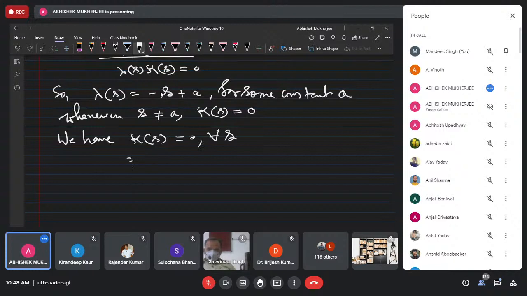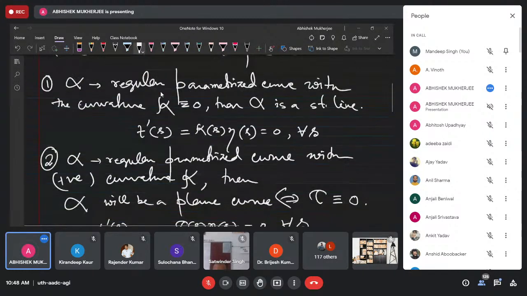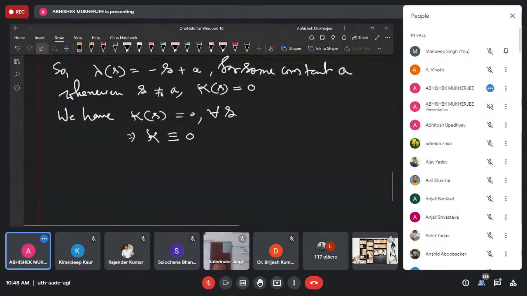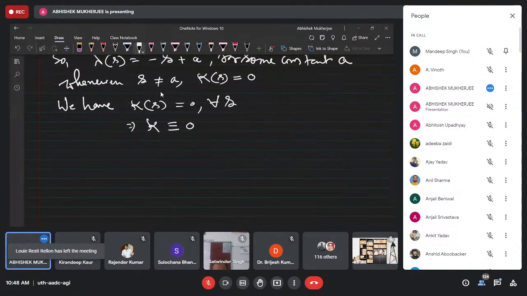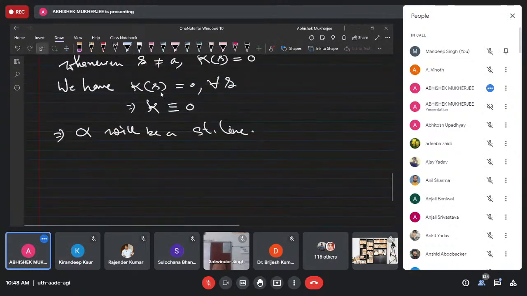That means this is identically 0. And then by using note 1, therefore alpha turns out to be a straight line. Fine.